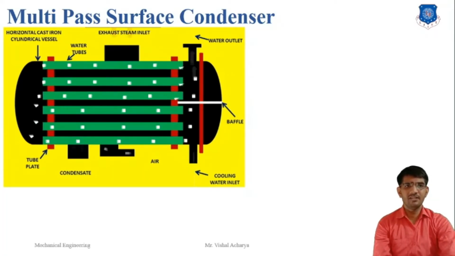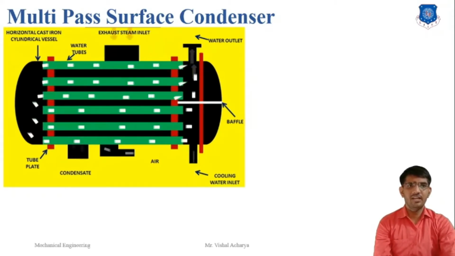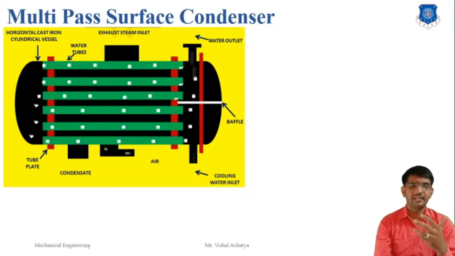This type of condenser is used in ships. It can directly carry only a limited quantity of water into the boiler. It is also widely used for installations where there is good quality water.